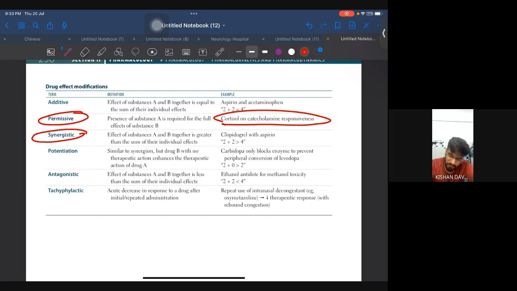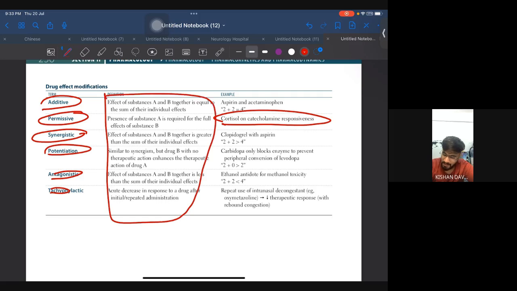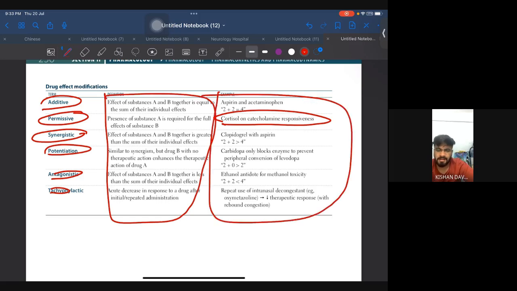Just see the name, understand the meaning, and yes, remember the examples. Mostly they won't ask this, but they ask permissive, synergistic, additive. These three they most commonly ask. In NBME also questions are there, and you will definitely have them. So just memorize, no need to use your brain in this.